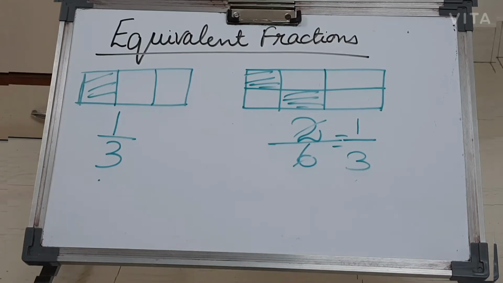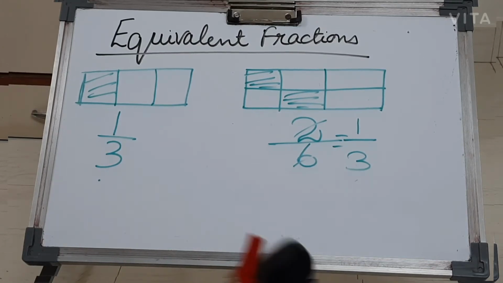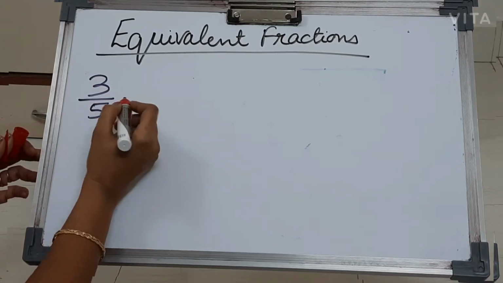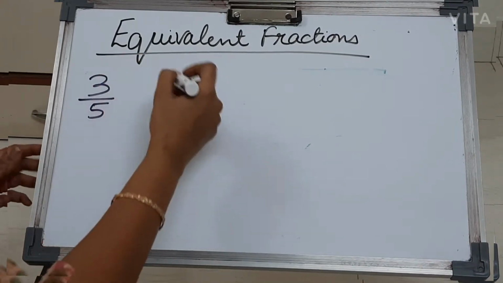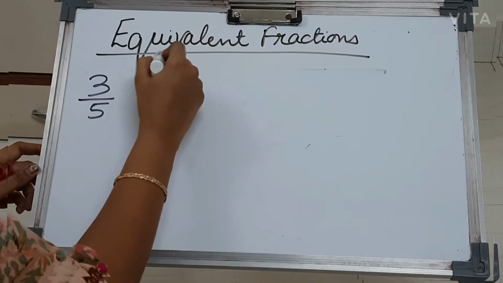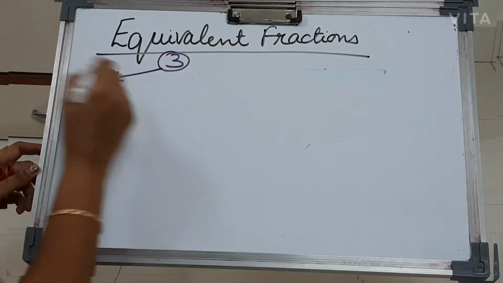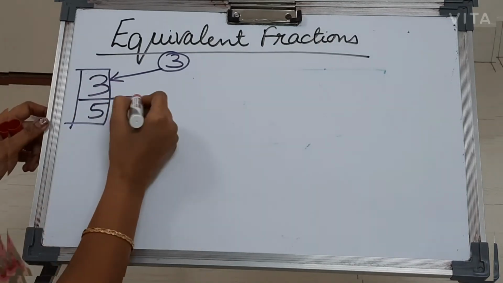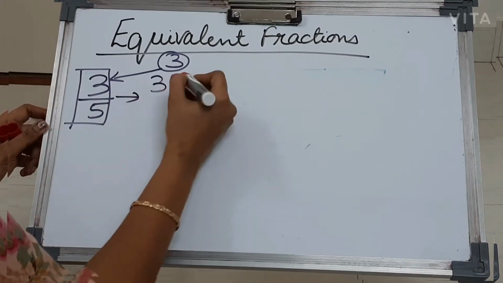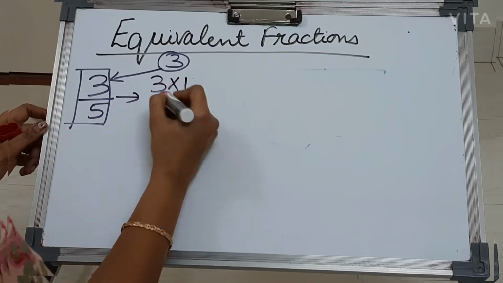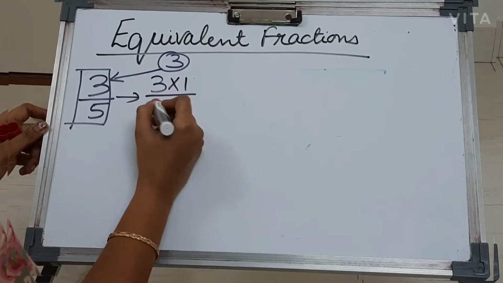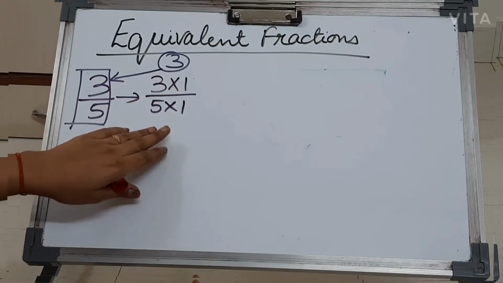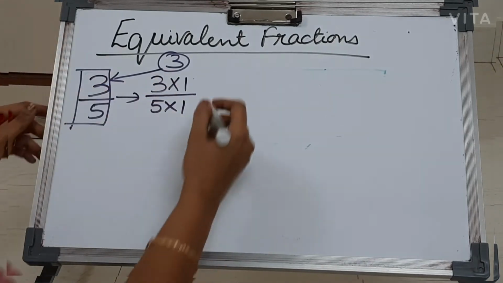In other words, we can solve equivalent fractions like 3 by 5. Our question is, write the next 3 equivalent fractions for the number 3 by 5. How are we going to solve this? Simply, we know 1 is the common factor for all, so 3 by 5 into 1. It means multiplying and dividing the fraction by the same number.